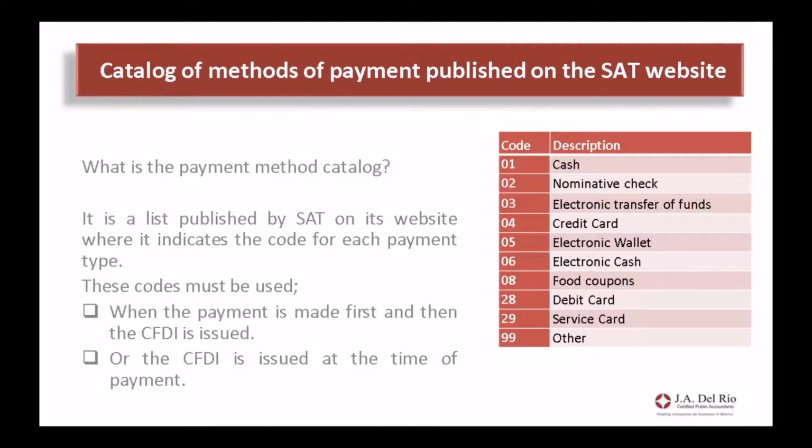So please understand that this code 99 is not like a wild card where, if you cannot identify something, you say, okay, I will use 99. No, code 99 is specifically for a method of payment that is not included in any other code.